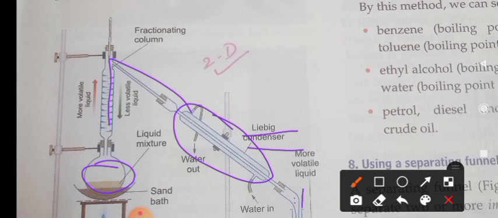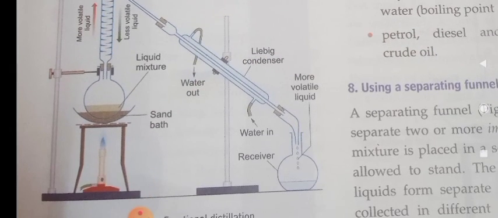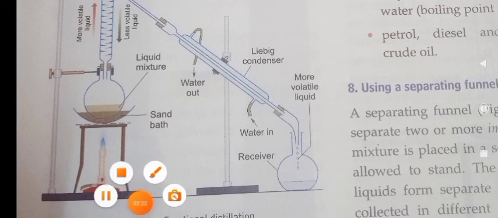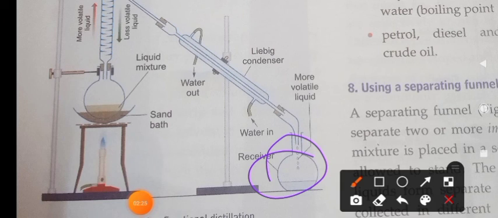After that, the receiver is quickly changed in order to collect the high boiling liquid, that is, the less volatile liquid. By this method, the high boiling liquid can also be collected. Do you understand? This method is called the fractional distillation method, and the liquids obtained by boiling a mixture at different temperatures are called fractions.